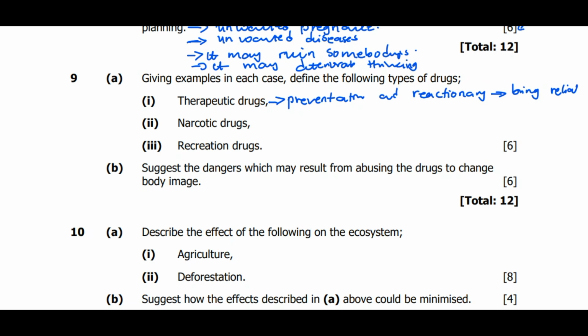So these are drugs that we use to prevent disease. If you look at immunization, most children are given immunization against a certain disease. The immunization is there to prevent.